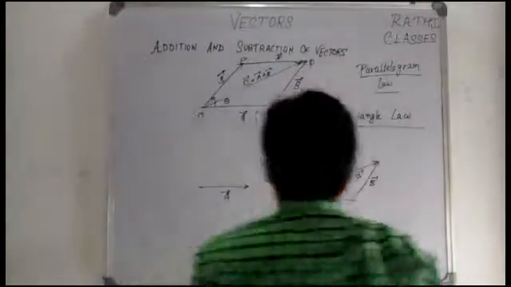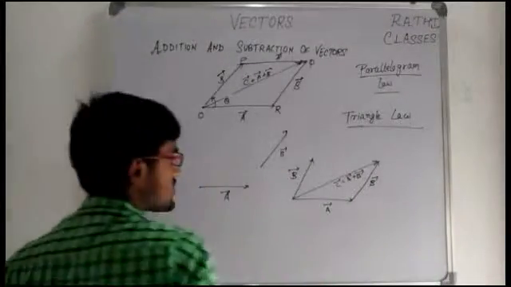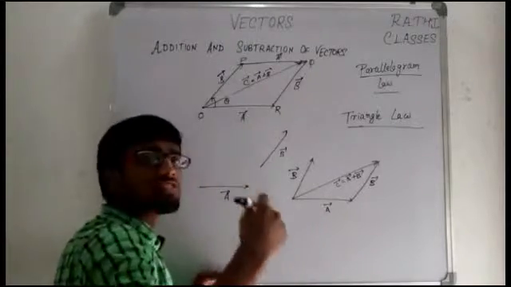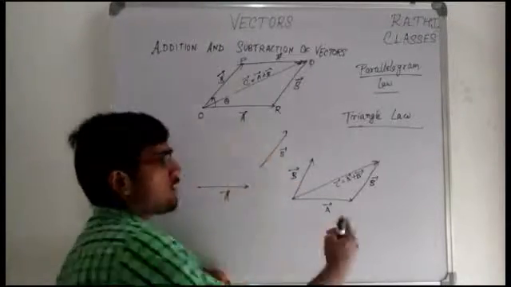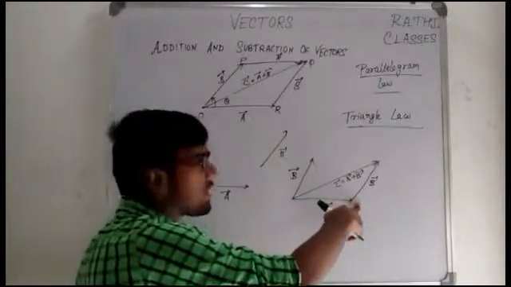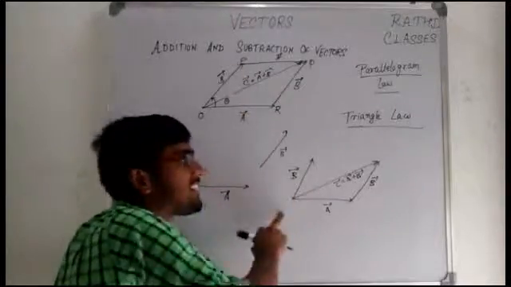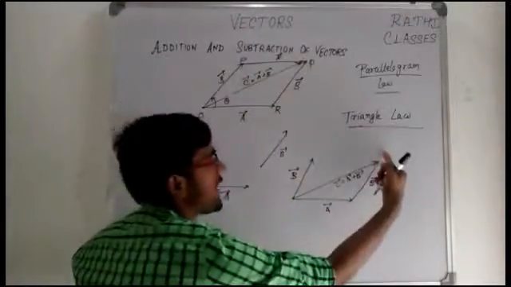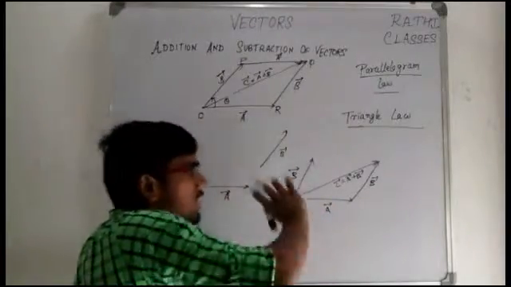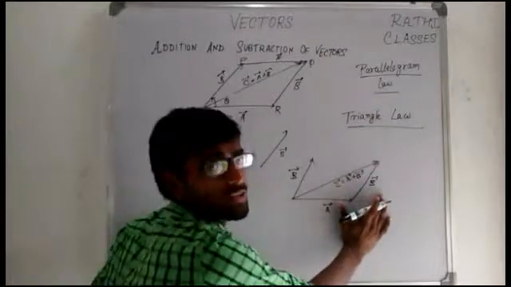Now, seeing this, the triangle law says that if we have two vectors in such a way that the head of the first vector coincides with the tail of the second vector, then the vector starting from the initial point of the first vector and ending at the terminal point of the second vector is the resultant of both these vectors, right?